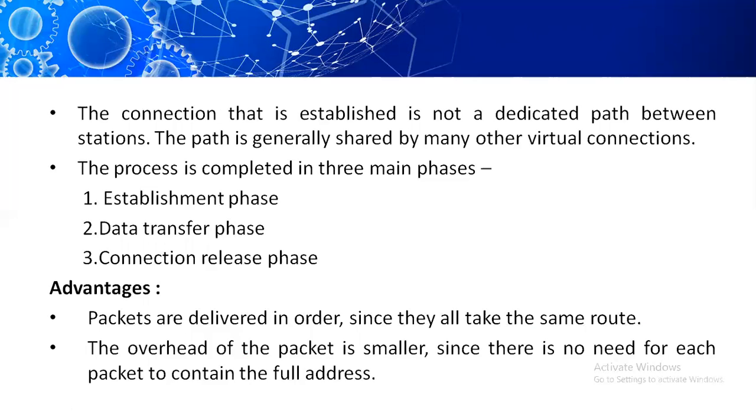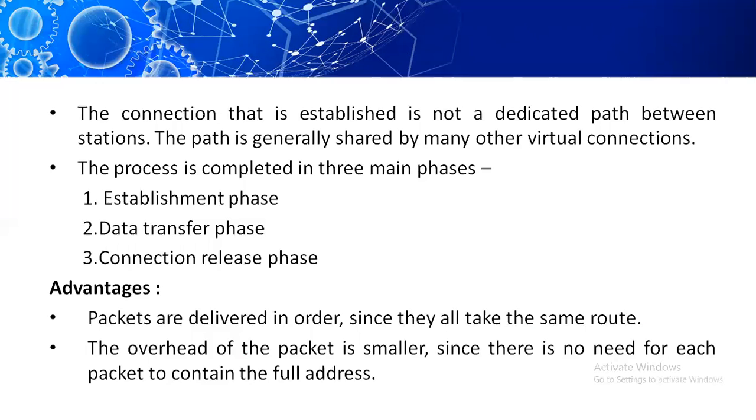Actually, there are three main phases in virtual circuit switching networks: the establishment phase, the data transfer phase, and the connection release phase. In the data transfer between the sender and receiver, the first phase is the establishment phase.